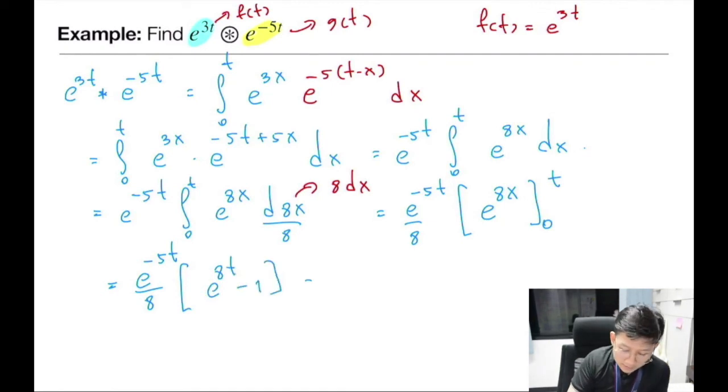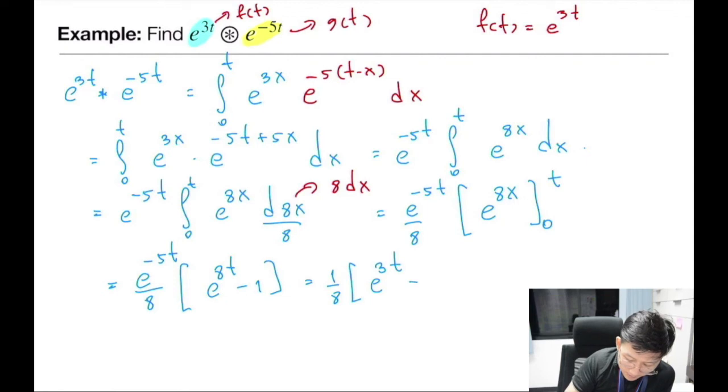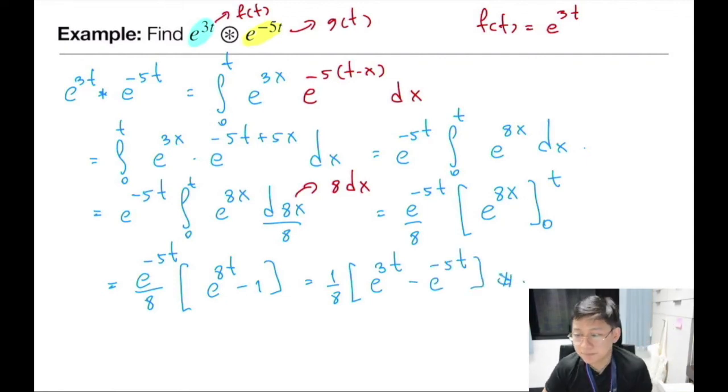And that is 1 over 8 times (e to the 3t minus e to the minus 5t). And I think that is okay.